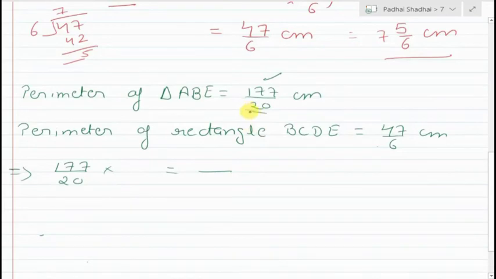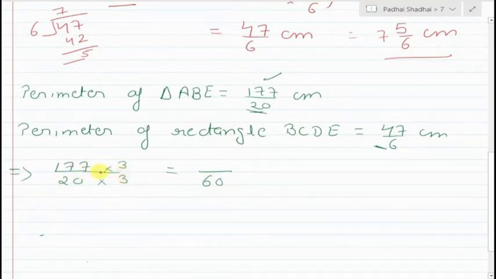For making the base same we will multiply 20 by 6. To make the base same we will cross multiply it. So here 20 we have to multiply by 3 to get 60, and the same thing we have to multiply in the numerator, that is 177 also multiplied by 3.